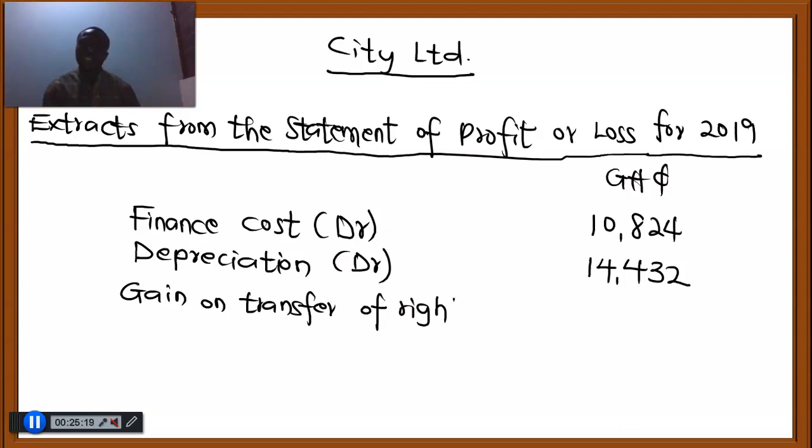Since it's a gain, we are going to record it at the credit side, so it's a credit. And then the figure we had in respect of gain was 55,683. Alright, so we are done with the statement of profit or loss extract.